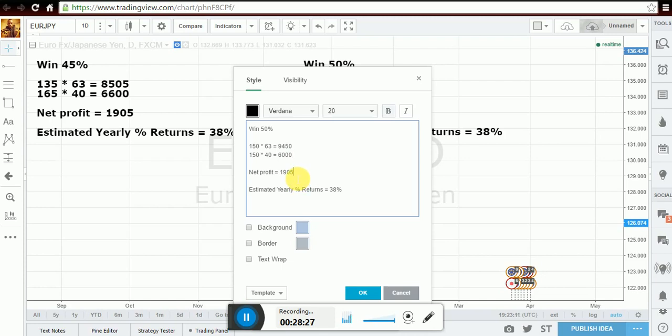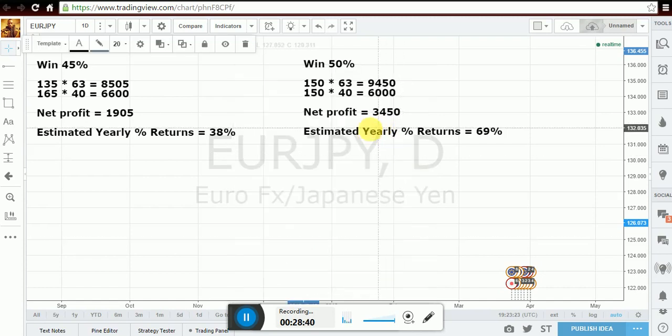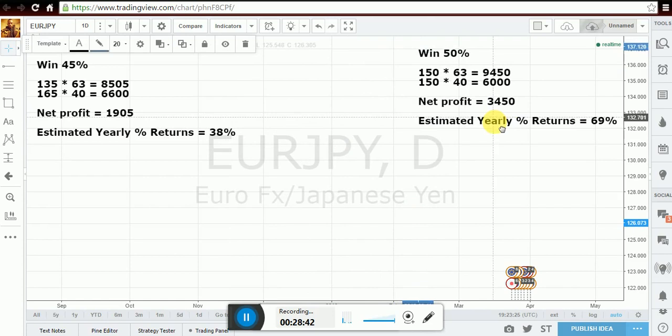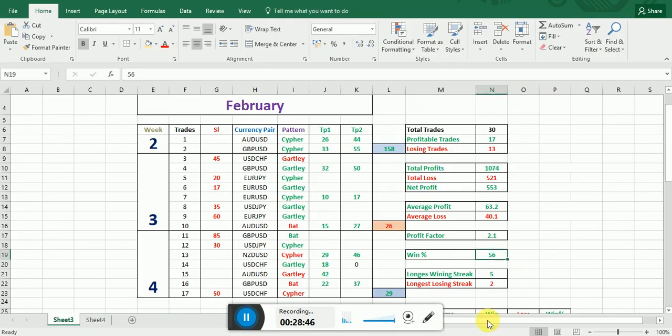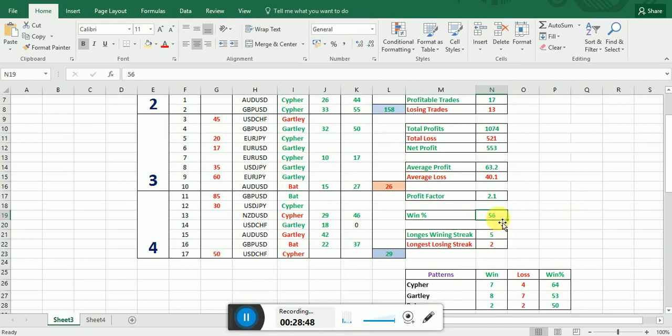That gives us a net profit of 3,450, an estimated yearly return of 69%. This is just with a winning percentage of 50%. And again, I repeat, currently we have a winning percentage of 56.